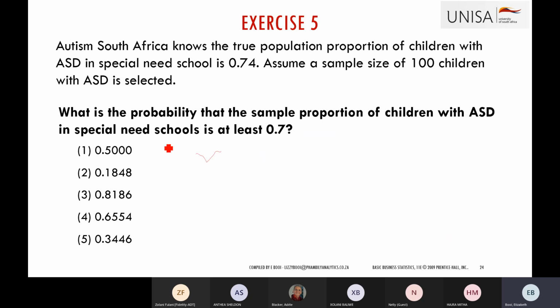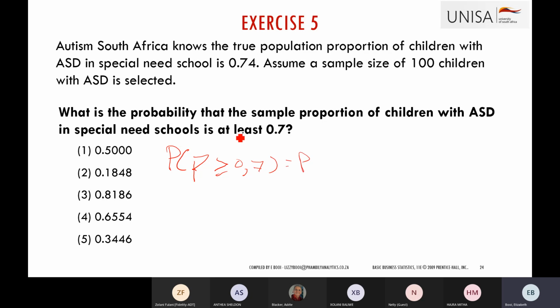You need to calculate the probability that P is greater than or equal to 0.7.